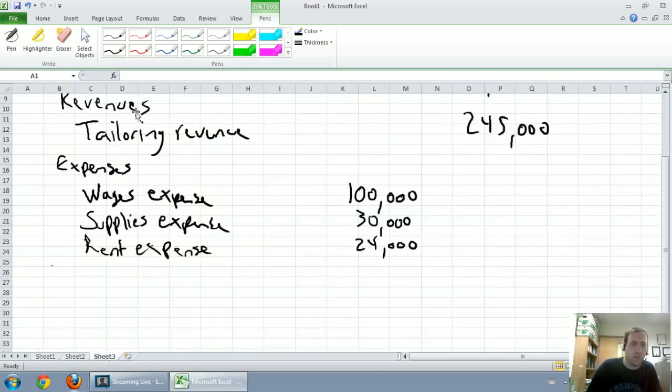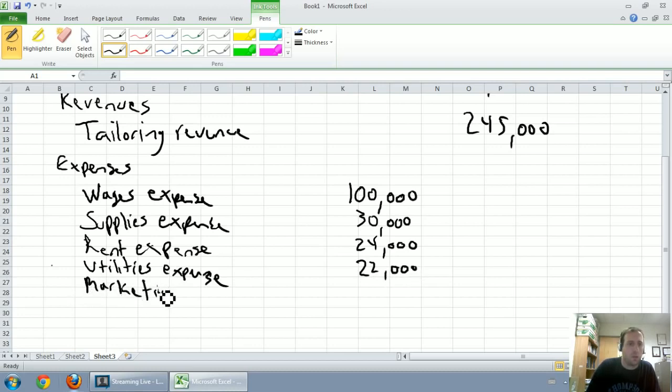Utilities expense is 22 and marketing expense at 10. Sorry, my penmanship's so bad. It's not much better in real life. So, there we have our list of expenses.